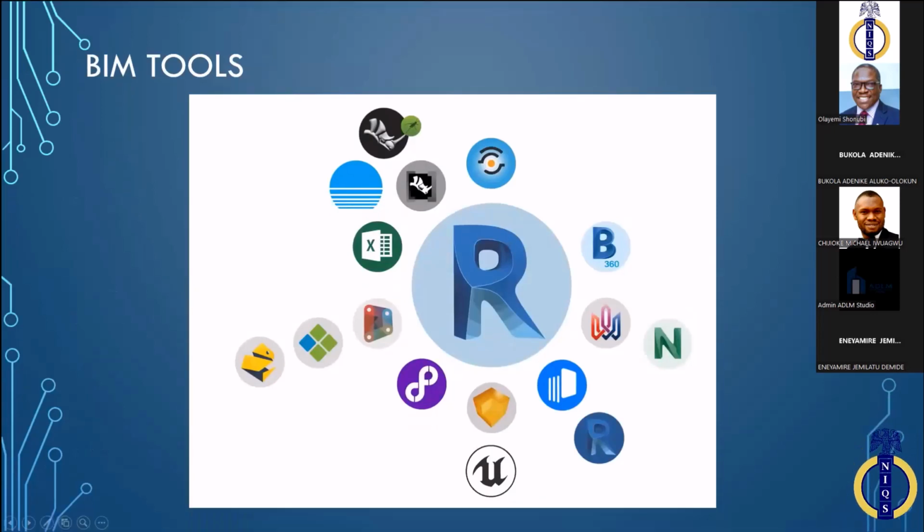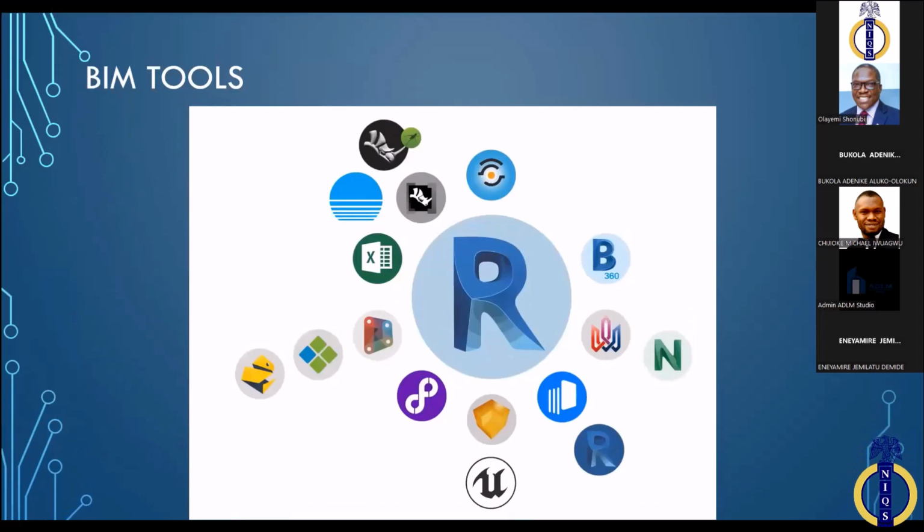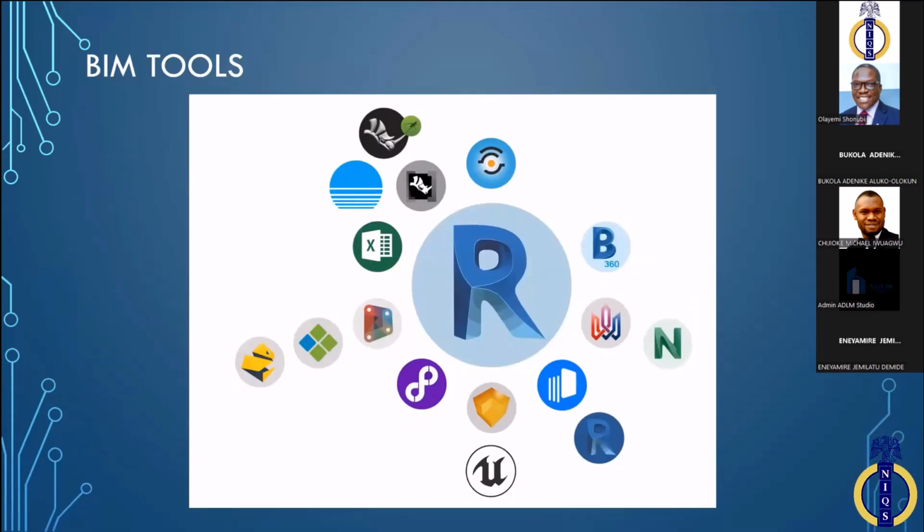Now, it is very important to understand that the BIM tools are the software. Software all helps to achieve the vision of BIM. It is not something that one can do in isolation. You have to learn how to use all of the software.